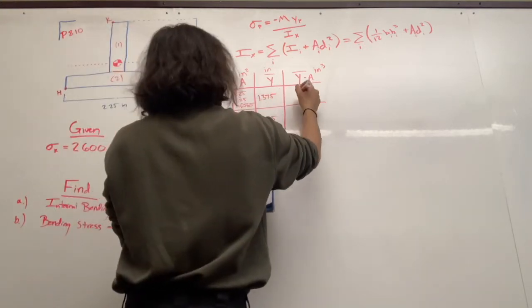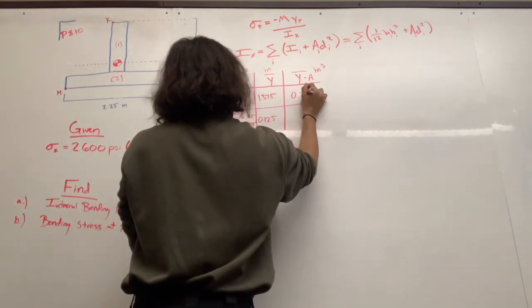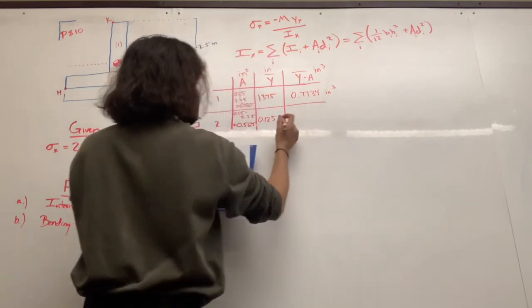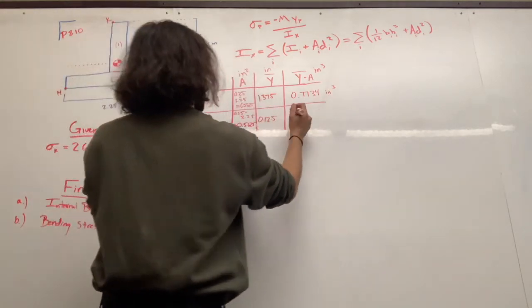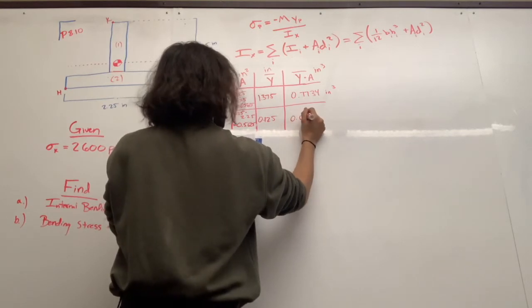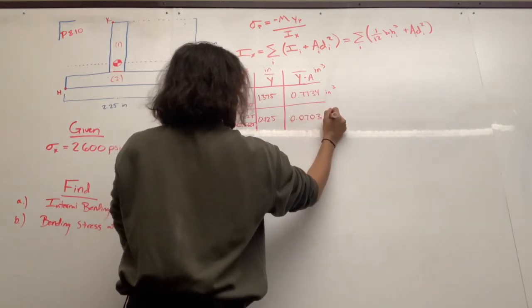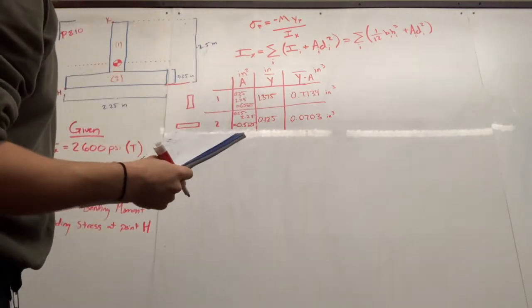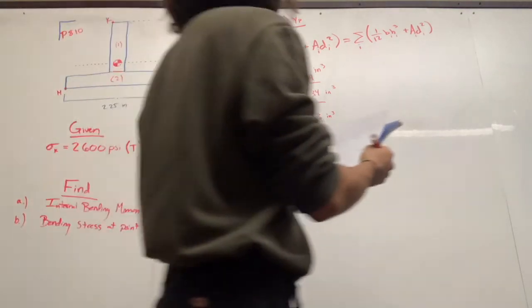And if we go ahead and do that, it is 0.7734 inches to the third. And then for this one, we're left with 0.0703 inches to the third as well. So then, let's see.